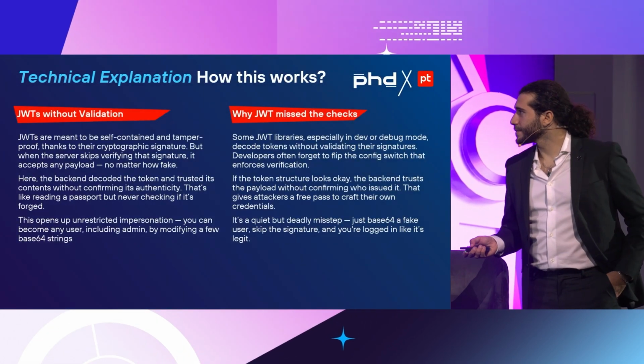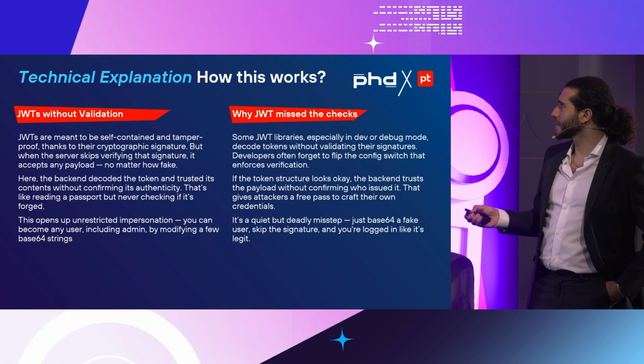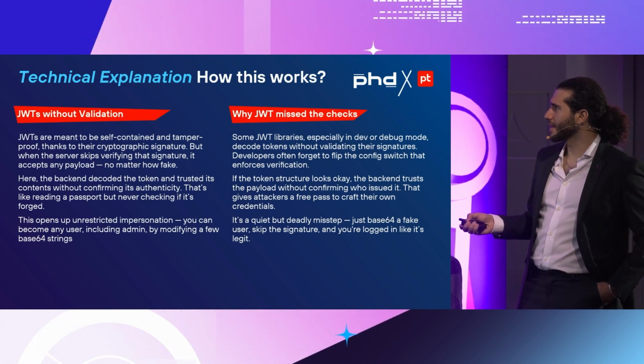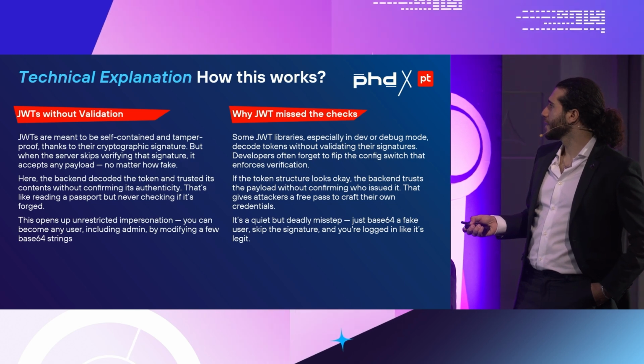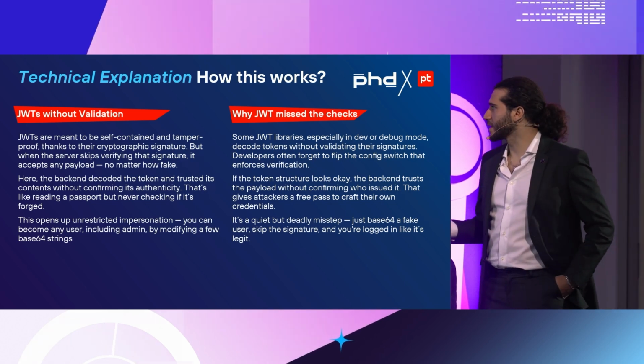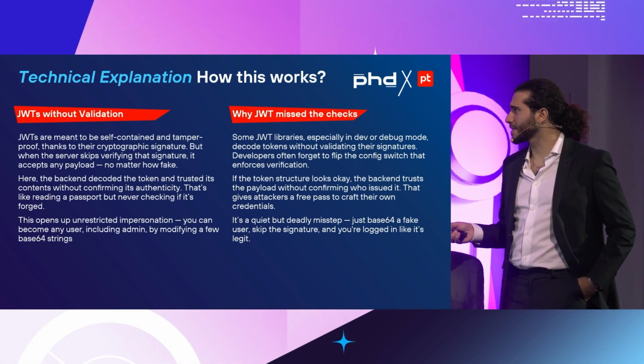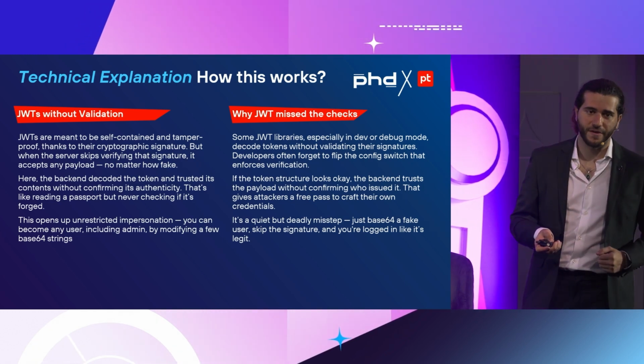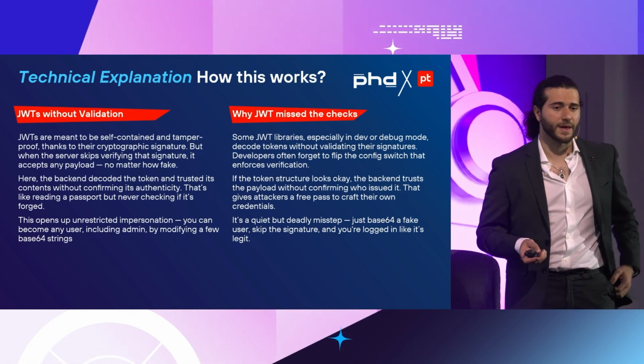So why did it happen and how does this work? JWTs are meant to be self-contained and tamper-proof thanks to the cryptographic signature. But when the server skips verifying that signature, it accepts any payload, no matter how fake it looks.